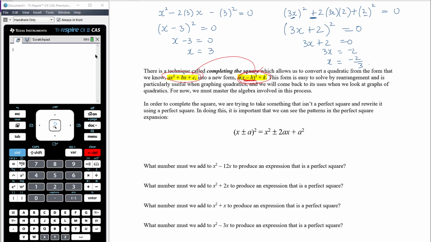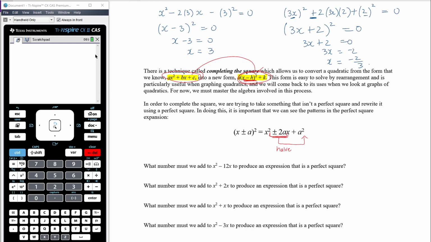Okay, so there's a number of things happening here. The first is what's key, the coefficient of x. If we want to get from the coefficient of x, which is positive or negative 2a, to the constant term, which is a squared, the process we need to do is to halve that number, plus or minus 2a.